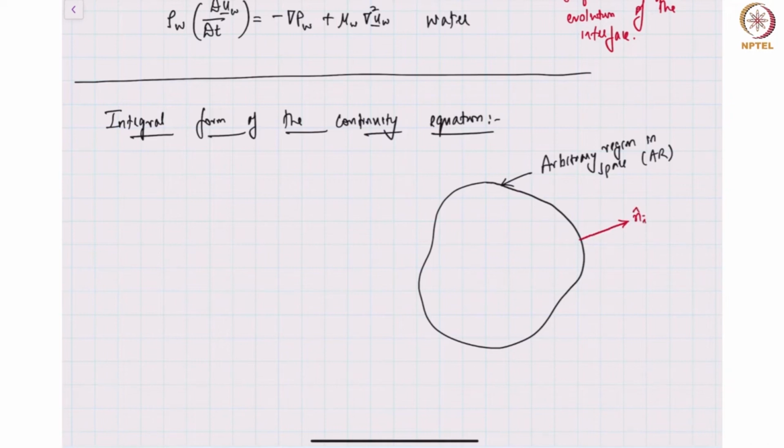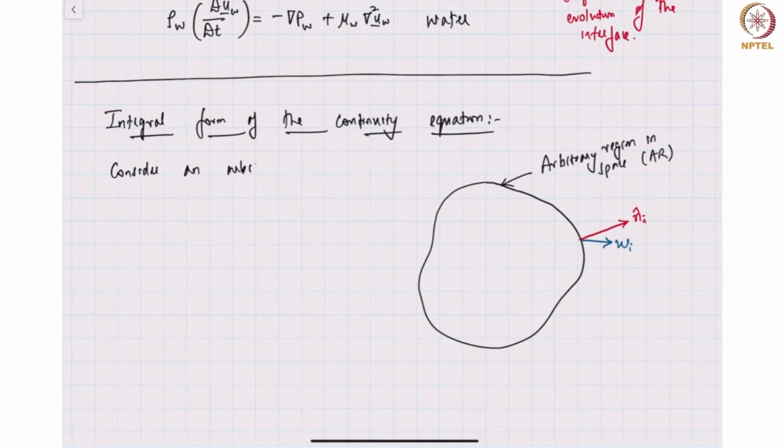If it's a unit vector, I will put a little hat on top of it. And because it's a vector, I have an index i. The boundary itself could be moving subject to some forces. Let us say the boundary has a velocity of w_i. So we can clearly have a velocity which is normal to the boundary and a velocity tangential to the boundary. Okay, so let's start with this region.